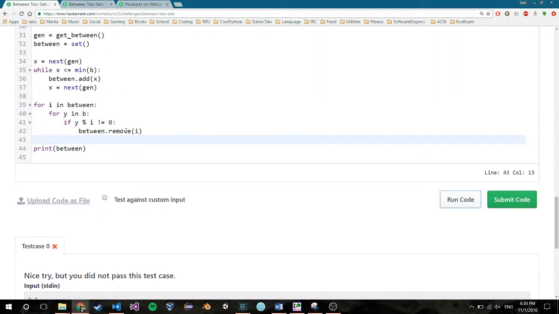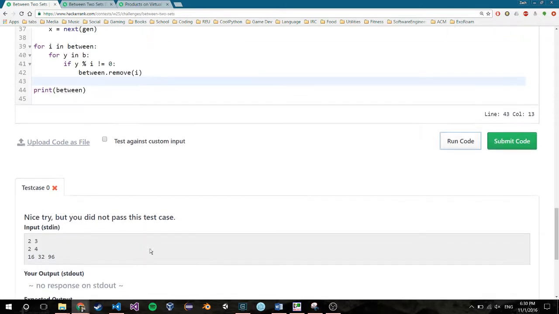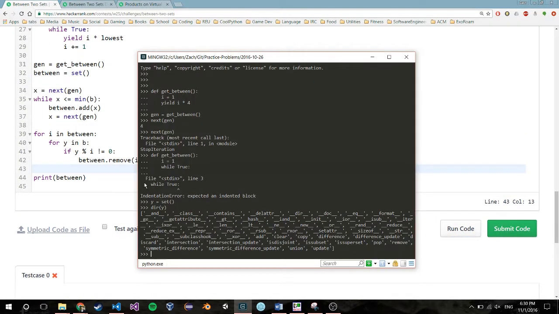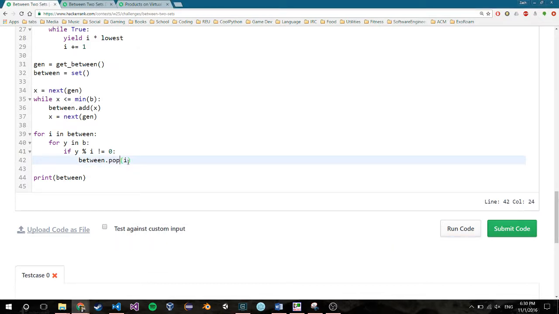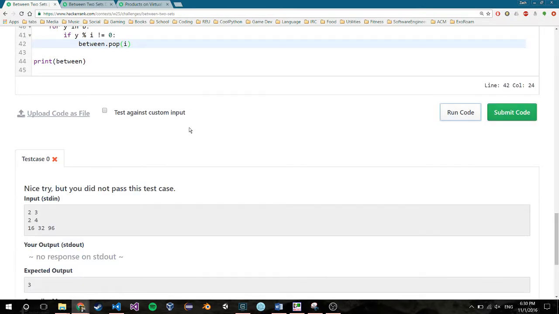Key error 12. That shouldn't be a key error though. Oh, it takes the index, not the number itself. I think you can do pop with it. Yeah, let me try that. Takes no arguments.